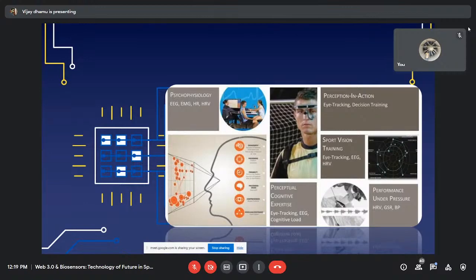Sports vision training is similar to what I said about F1, but it will be more applicable to goalkeeping athletes in football or hockey, where what they are thinking, how they are making the decision, all those things can be recorded, analyzed, and computed to have a better understanding of how that particular athlete is responding to that stress stimulus.